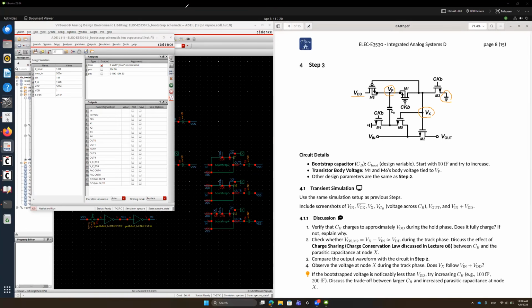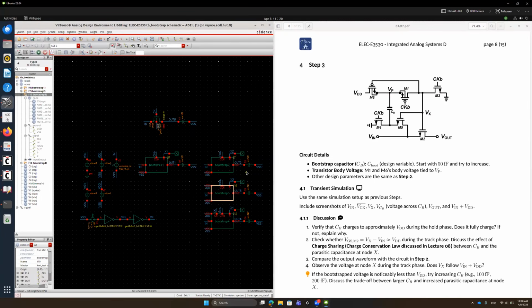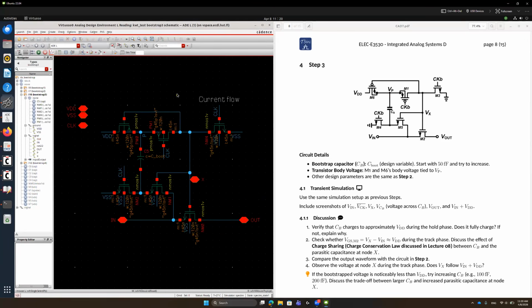Maybe I should highlight within the circuit. That will be simpler to follow. One thing I'd like to highlight is that only the VP and VX nodes are above VDD, which is the supply voltage. Other nodes are less than or equal to VDD.